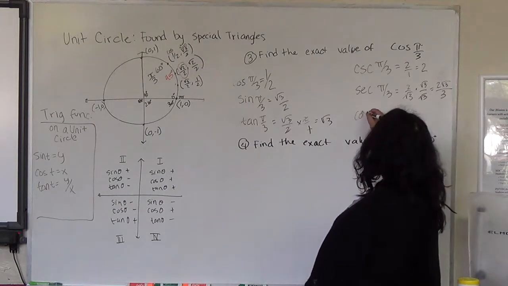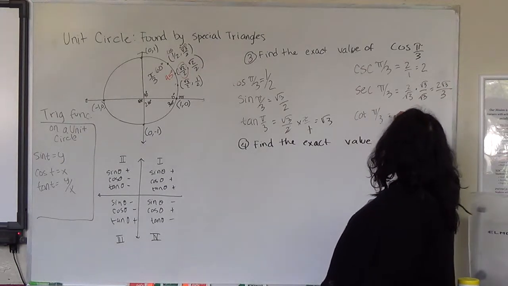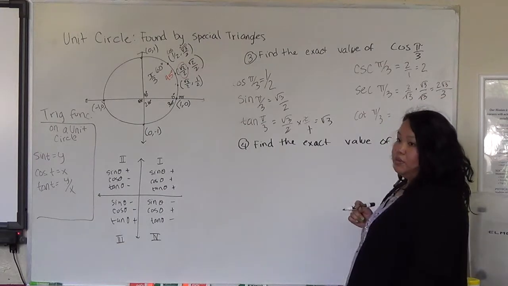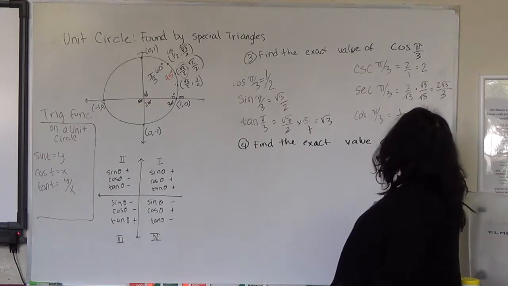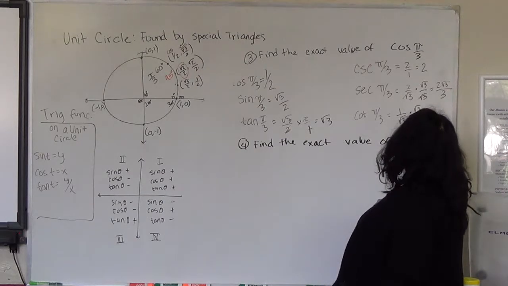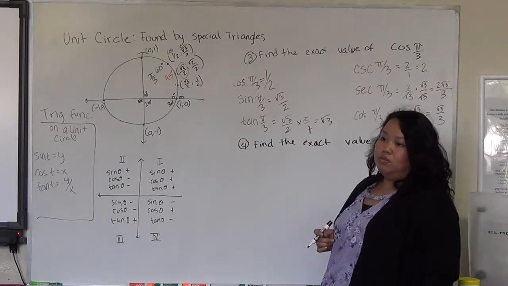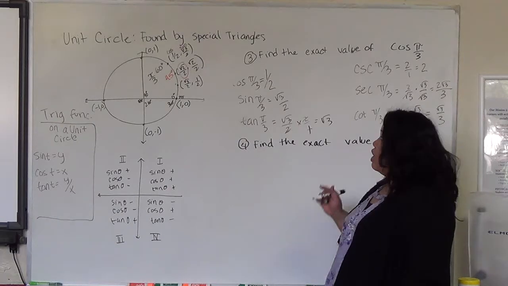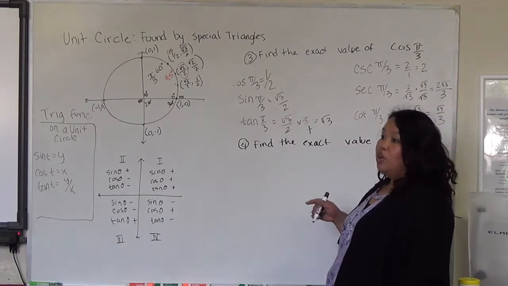And then cotangent pi over 3 is? 1 over root 3, and then multiply by root 3 over root 3, so I end up with root 3 over 3. Okay. Do you understand how it's now easier with the unit circle? You just have to locate it.